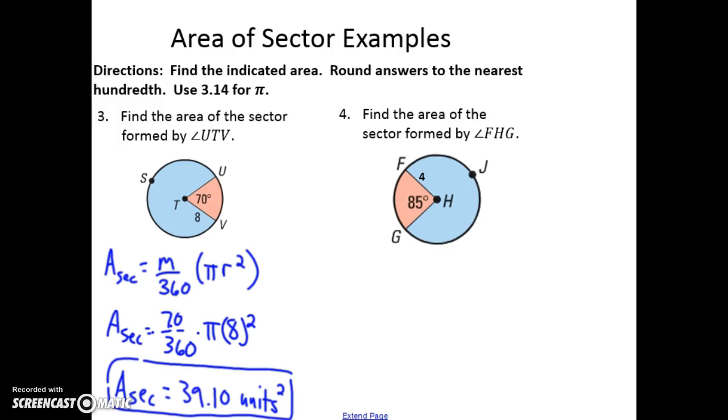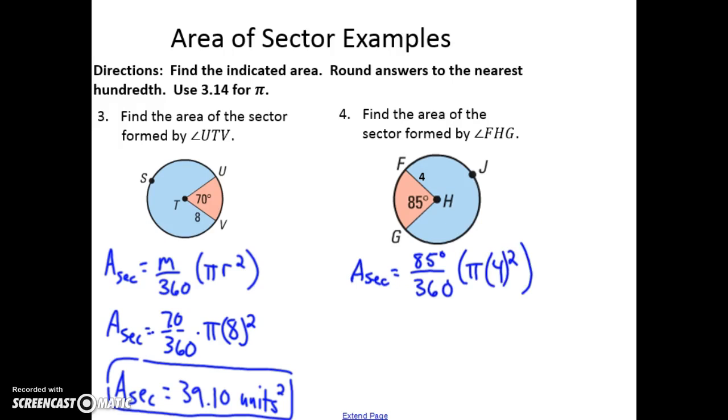Now on number 4, same thing, just different numbers. So we find our area of the sector to be equal to 85 degrees over 360 times pi r squared. And once again, make sure that you are squaring the radius and not taking it times 2.